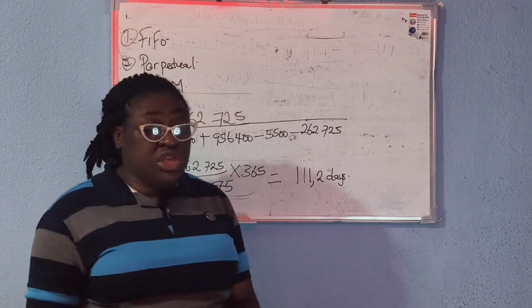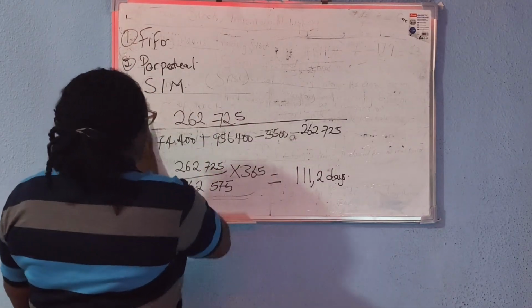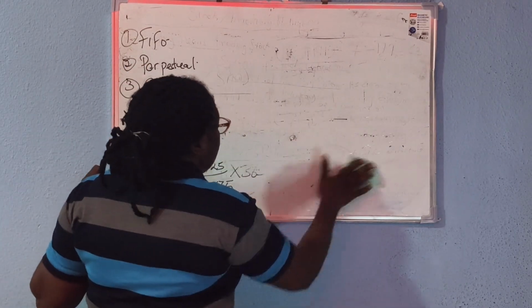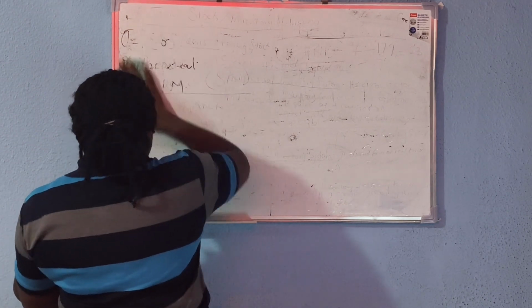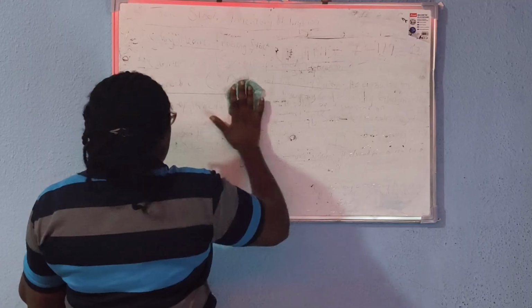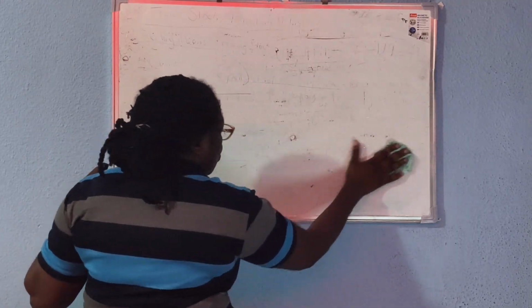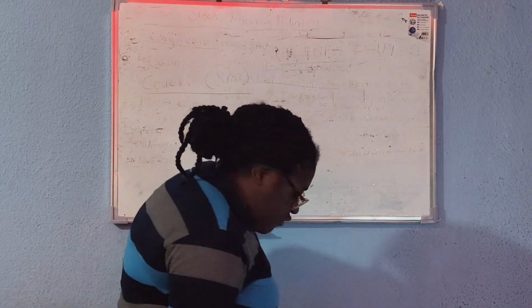The difference between the two will be the missing stock. When we're talking of missing stock, we concentrate on the number of units of stock.